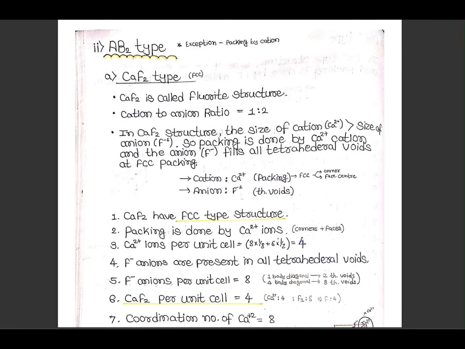The example of AB2 type of ionic compound is CaF2 type, and CaF2 is an FCC type of structure. CaF2 is called fluorite structure or calcium fluoride. The cation to anion ratio of calcium fluoride is 1 is to 2, and in the CaF2 structure the size of the cation, that is calcium, is greater than the size of the anion, that is the fluoride ion.